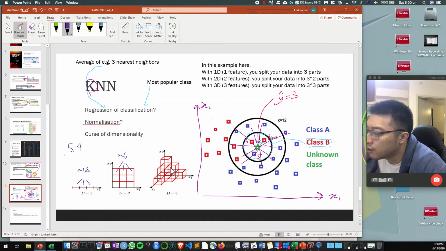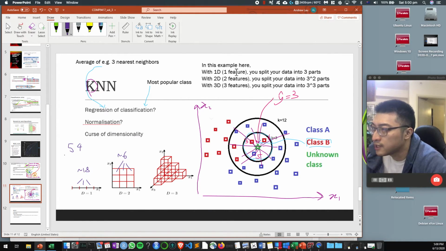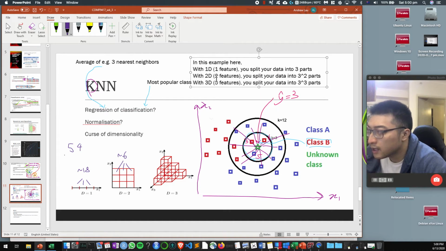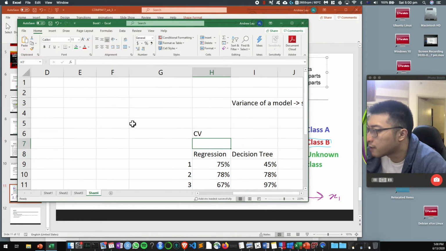The number of these boxes or partitions you have increases exponentially depending on the number of variables. So you can see it here: for one dimension, you need 3 parts, let's say. For 2 dimensions, it's 9. For 3 dimensions, it's to the power of 3. So you can see it is indeed blowing up here, right?